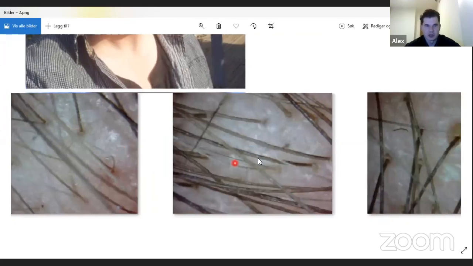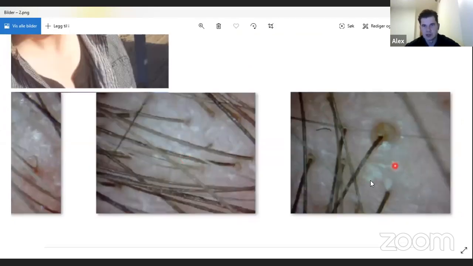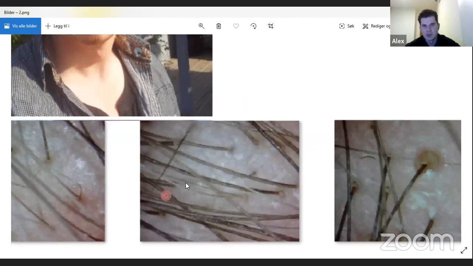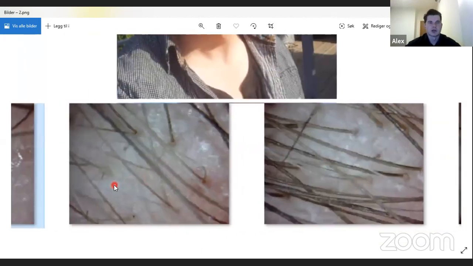You can also see plugged hair follicles, flakes, and most likely a lot of dandruff, as I remember back then. There were several issues going on at the same time, and my scalp was always itching. It was always feeling kind of weird. I always felt that there was something wrong. I was itching like crazy from time to time, and my scalp was continuously oily.